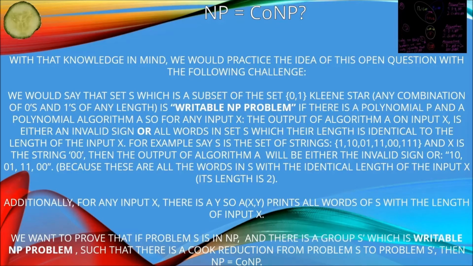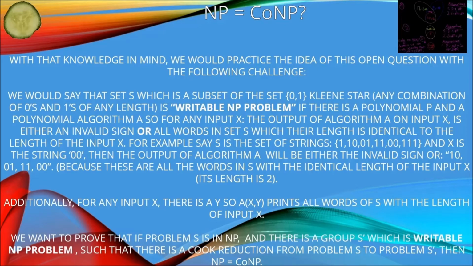Additionally, for any input X, there is a Y, so that A(X,Y) prints all words of S with the length of input X. We want to prove that if problem S is in NP and there is a set S prime which is a writable NP problem such that there is a Karp reduction from problem S to problem S prime, then NP equals CoNP.